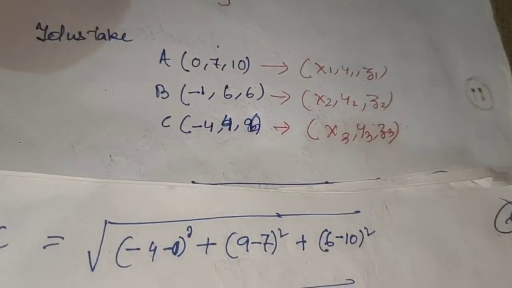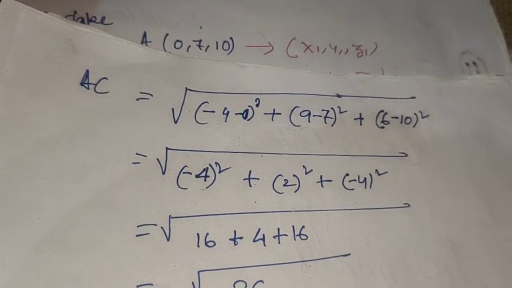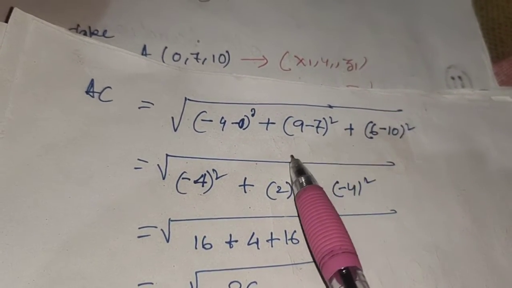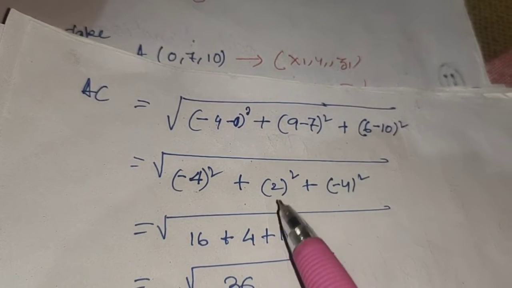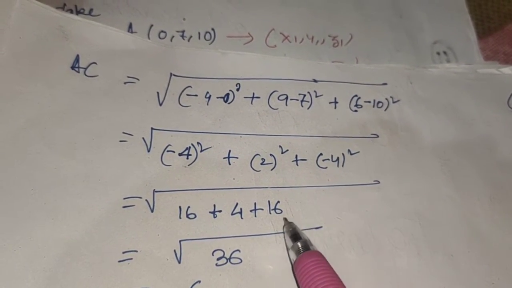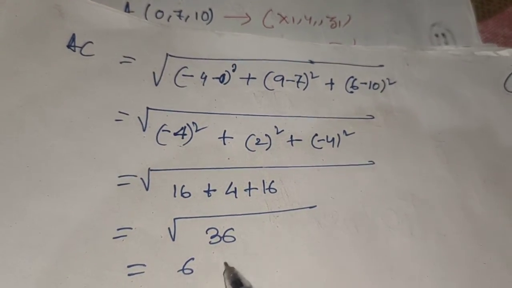So ultimately the next step is minus 4 minus 0 means minus 4 square, which is 16. 9 minus 7 whole square means 2 square means 4. 6 minus 10 is minus 4, whole square means 16. Hence we get root over 36, which is equal to 6.